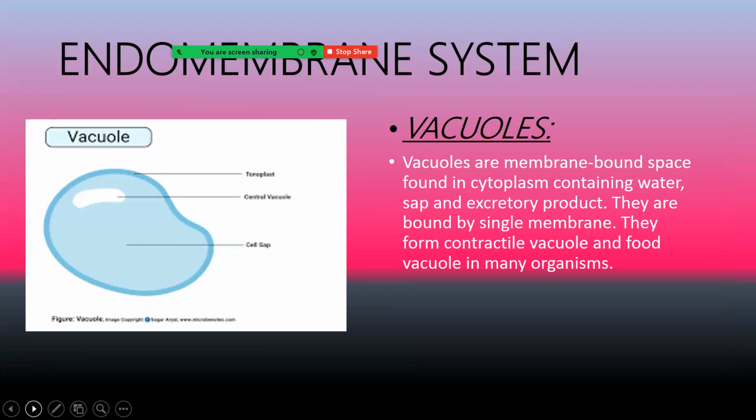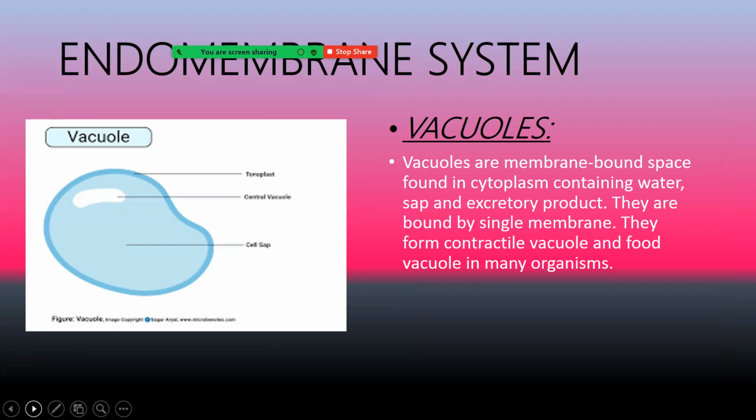Then the next part of the endomembrane system is the vacuole. Vacuoles are membrane-bound spaces found in the cytoplasm containing water, sap, and secretory products. They are bounded by a single membrane, and the membrane of the vacuole is known as tonoplast.